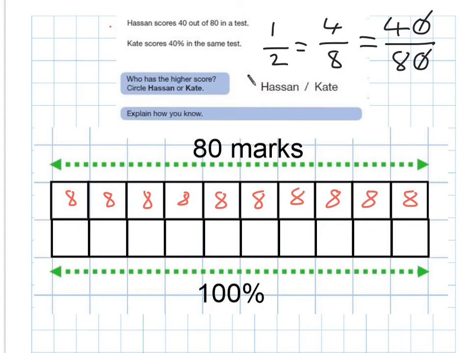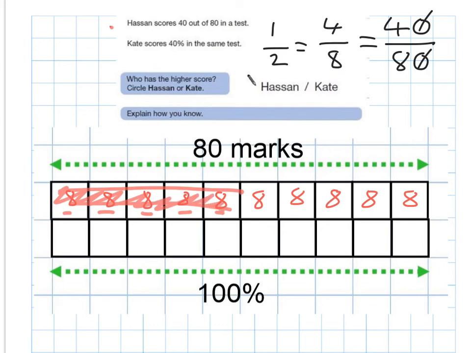Now he got 40 out of 80 on his test. So if I know my times tables, I should know that 40 is made up of 5 8s. So 1, 2, 3, 4, 5 eighths are 40. So Hassan scored this amount in his test, which as you can see is half.